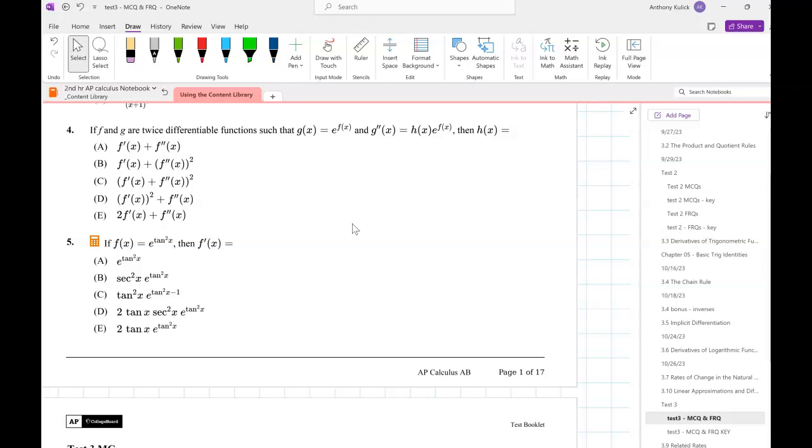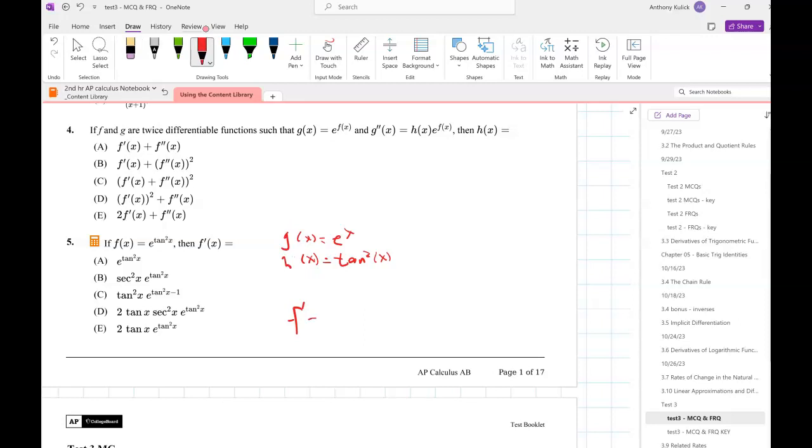So here, for the one that Isabel was working on, this one we should recognize as another chain rule problem, right? So my f of x is e to the x, and my g of x would be tan squared x, right? So if I did, I guess I should have done g and h, huh?